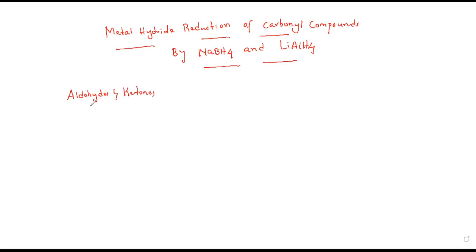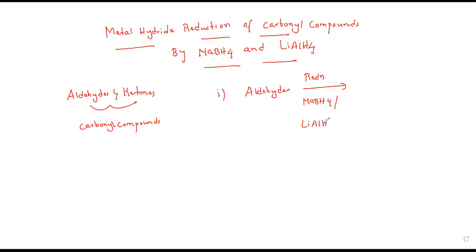These are generally called carbonyl compounds. Now, for example, when aldehydes are subjected to reduction in the presence of sodium borohydride or lithium aluminium hydride, you are going to get a primary alcohol.